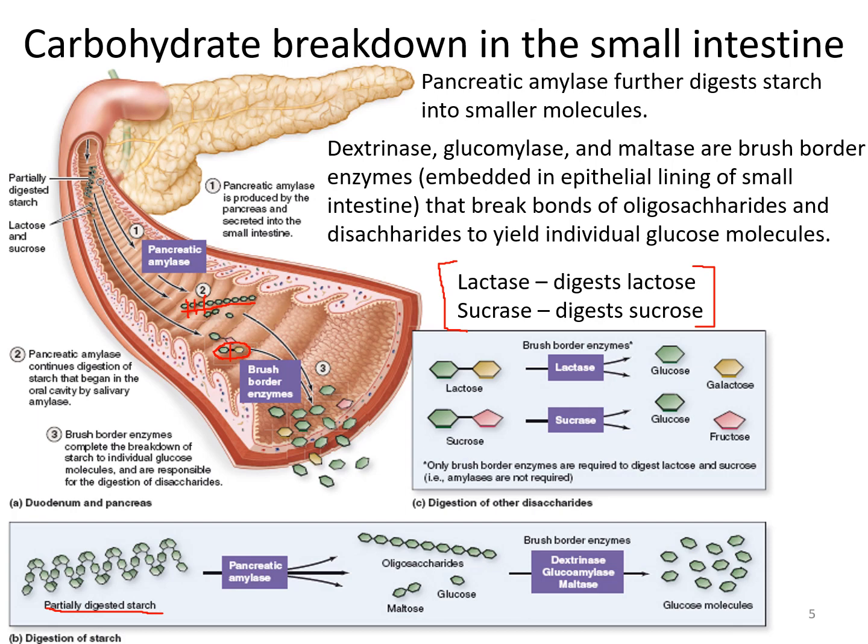Then your pancreatic amylase continues to break it down until you get to oligosaccharides, although depending on how big it was when it came in, you might get individual sugar molecules, you might get disaccharides, or more likely you're going to get oligosaccharides. Then your brush border enzymes pick up, and that's when it does what I just described, where you end up with individual glucose molecules.